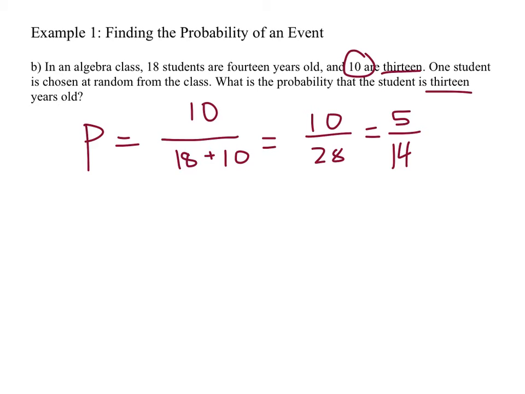Using a calculator, I want to get a better idea of the percent, so I convert it to a decimal. Putting this into a calculator, I get 0.357. So I can say there's about a 36% chance, right? So it's not super likely that I'll choose randomly a 13-year-old.